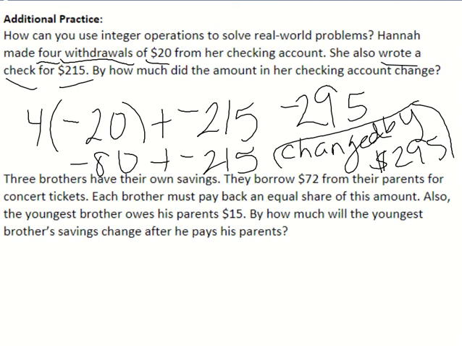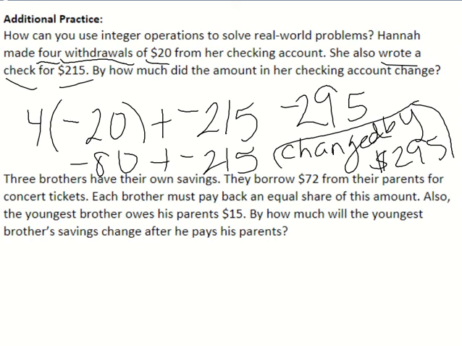By how much will the youngest brother's savings change after he pays his parents? So why don't we pause? Let's see if you can write the expression that would help us find how much the younger brother owes. So we are concentrating on the whole thing, but we are really just concentrating on the younger brother.